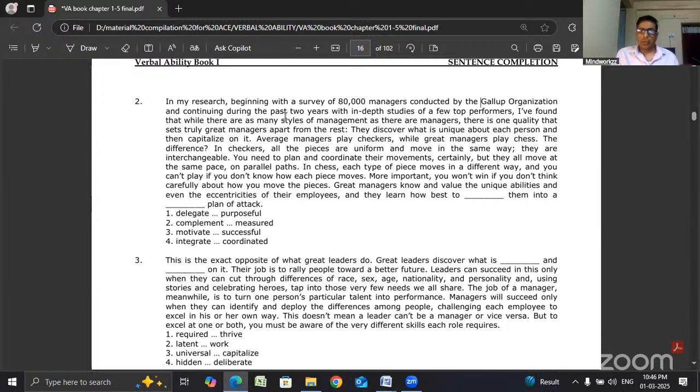And continuing during the past 2 years with in-depth studies of a few top performers, I have found that while there are as many styles of management as there are managers, there is one quality that sets truly great managers apart from the rest. Now, this is where your interest should become high.